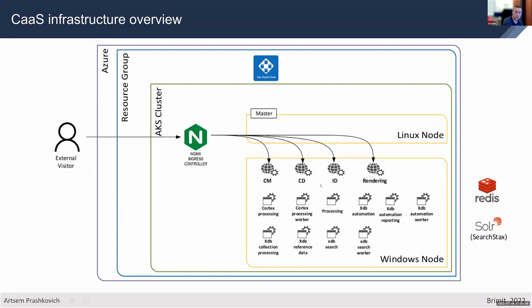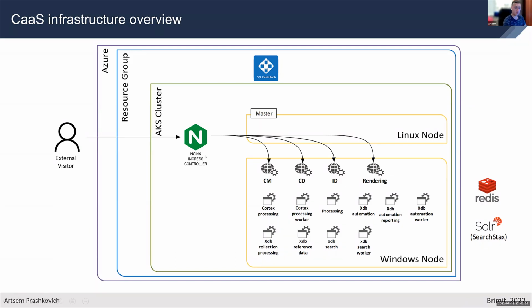Not all pods can be accessible from outside. For example, we don't need access to processing from outside, but communication between pods is possible on the networking level. All pods can communicate with each other, but from outside we can only reach the pods defined in the ingress controller.